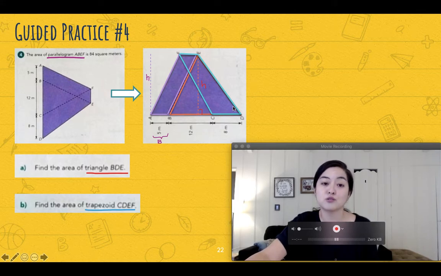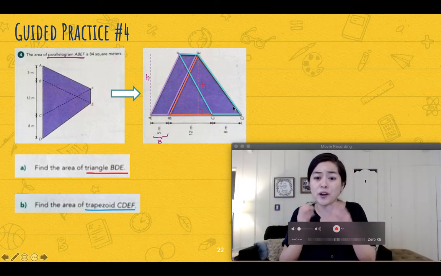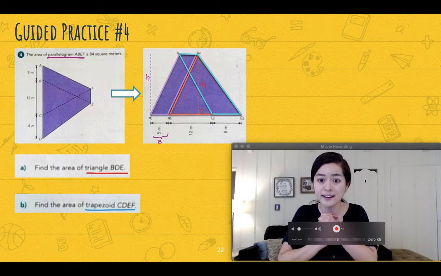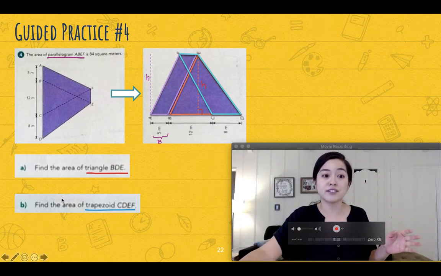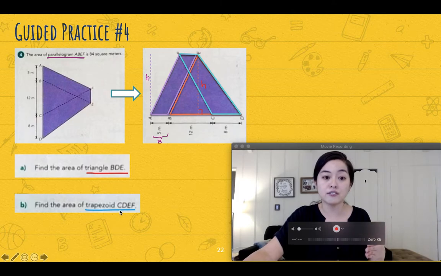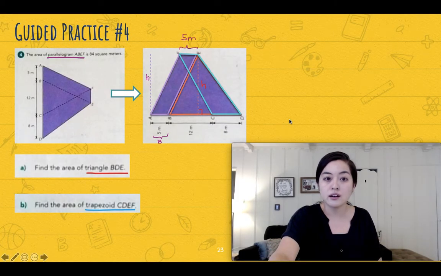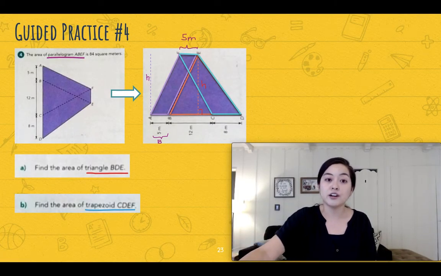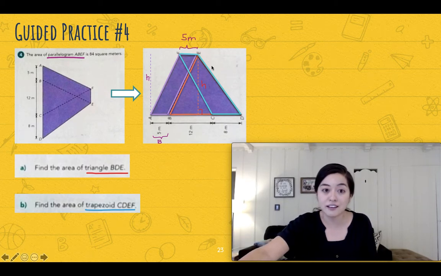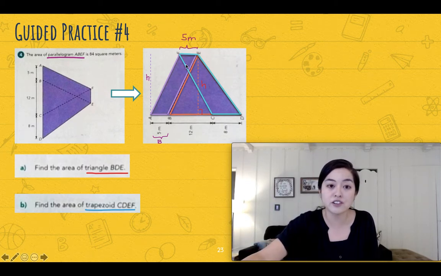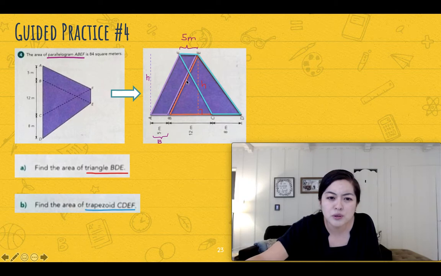So if I can figure out the height, then I'll be all set. I can find the area of the triangle BDE and the area of my new trapezoid CDEF. Another interesting piece of information is, look at this light purple parallelogram here.